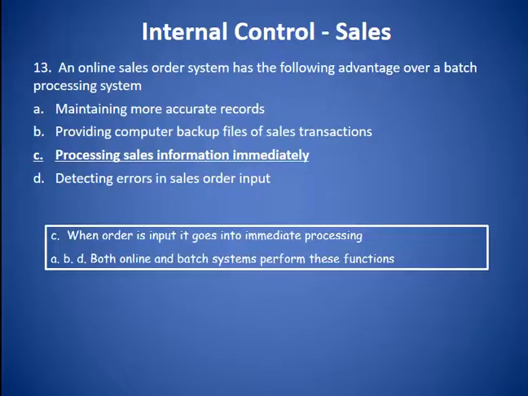So if we look at the classic online sales system with C, when an order is input, it goes into immediate processing. A, B, and D are really characteristics of both batch and online systems.